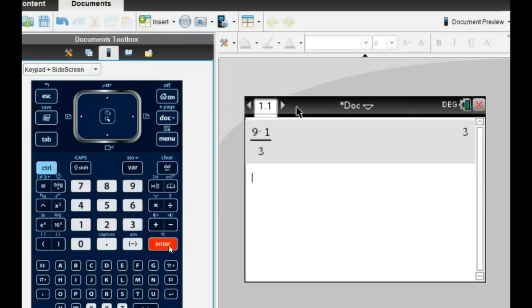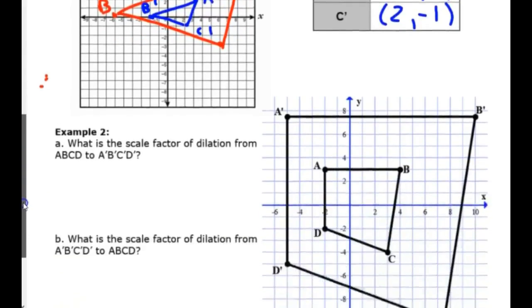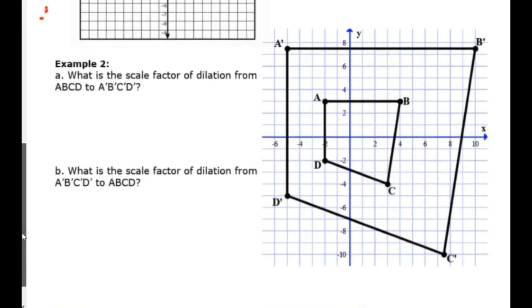You can do it that way. It doesn't matter to me. But 9 divided by 3 is the same exact thing. So you could take every one of those numbers and times it by 1/3 if you want. I don't want you to be confused. We're multiplying by that fraction, which means dividing by the denominator since the top is a 1.